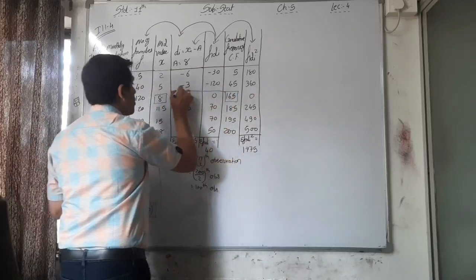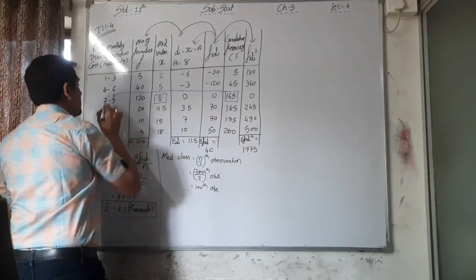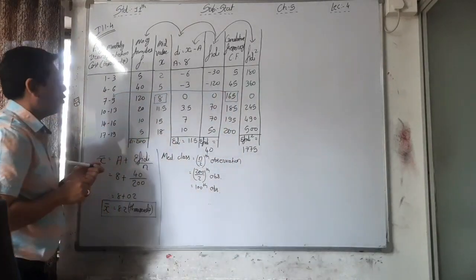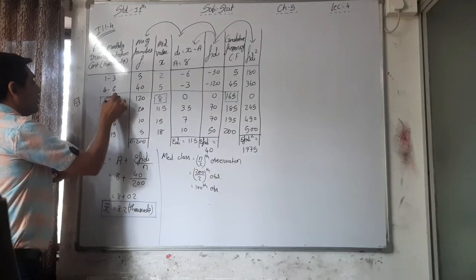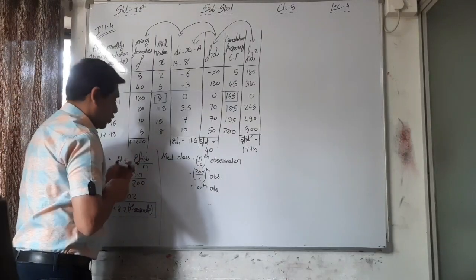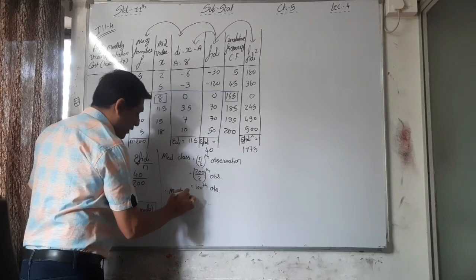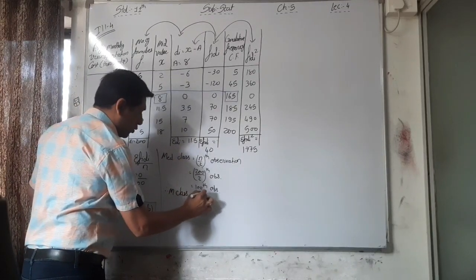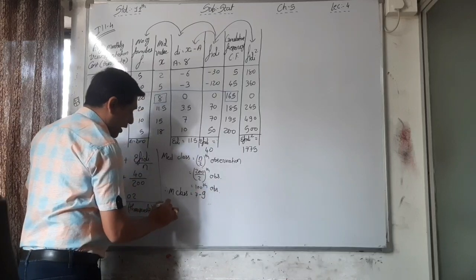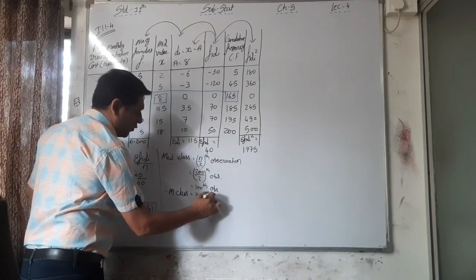So the corresponding class is 7 to 9. Therefore the median class is 7 to 9.